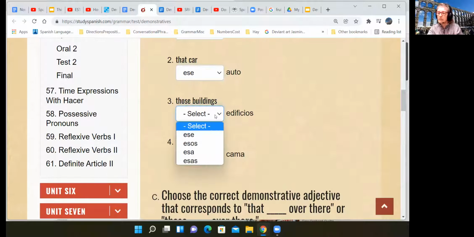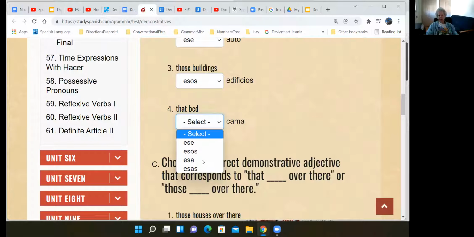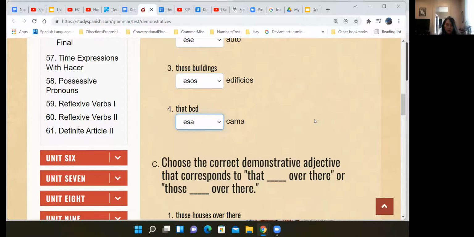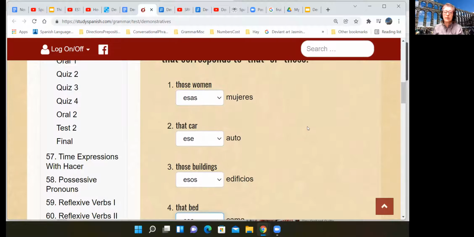Those buildings, esos edificios. That bed, esa cama. For these, it is a big deal to match up the right gender designation with the noun.